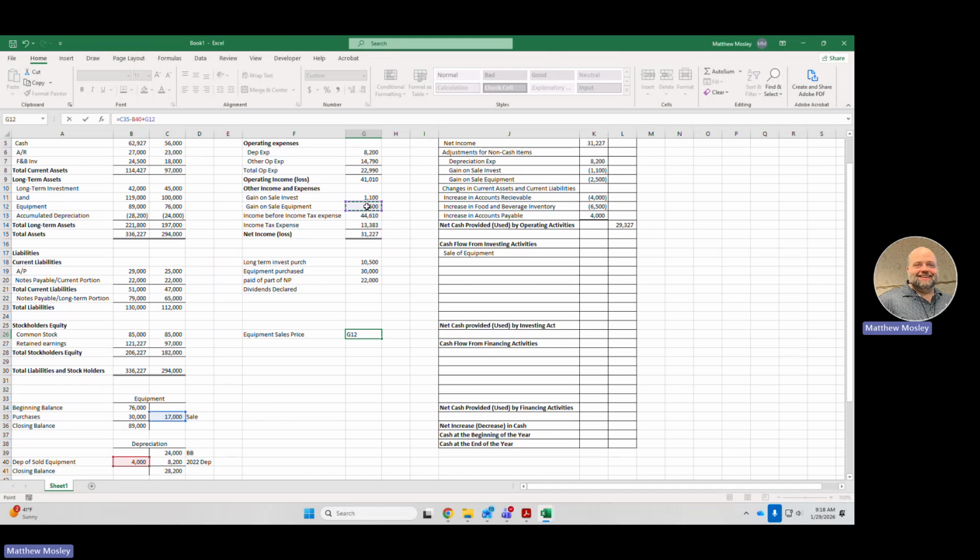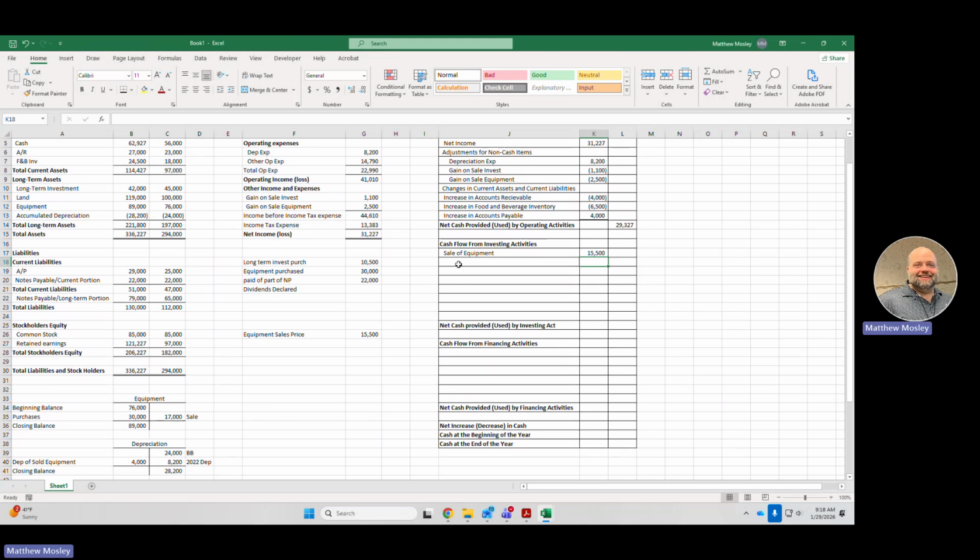That 13,000 that you saw is the current book value of that equipment. That's the purchase price minus the depreciation. But we had a gain on the sale, and that is 15,500 altogether. So we can just go ahead, equals, and do that.